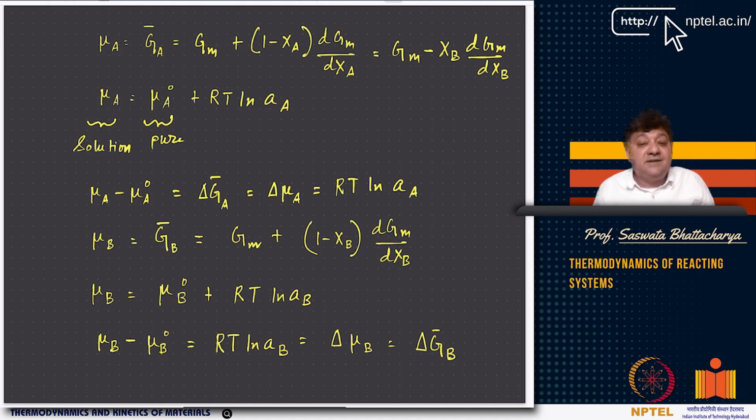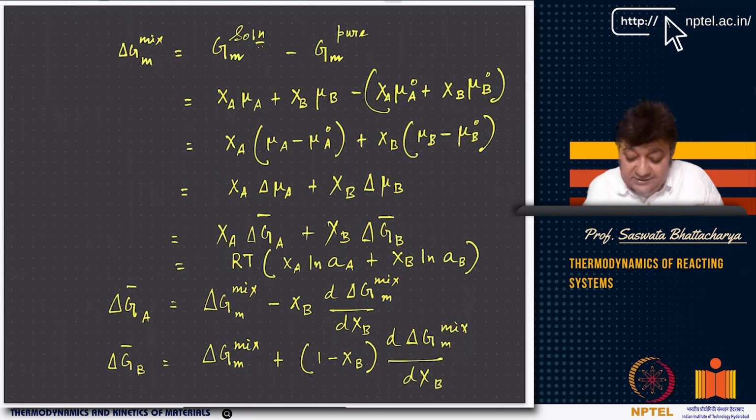For each phase you know mu A and mu B, and then you can equate mu A alpha equals mu A beta and mu B alpha equals mu B beta. Those are the conditions of chemical equilibrium, which you can numerically solve at different temperatures, and you can calculate the phase diagram, right? That's what Pike, Alfred and others do, right? So that is one thing.